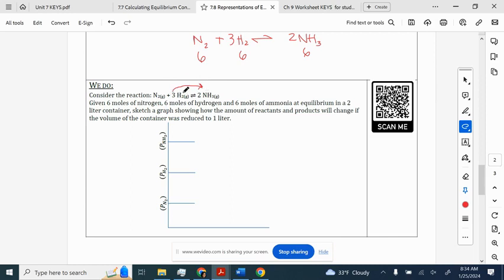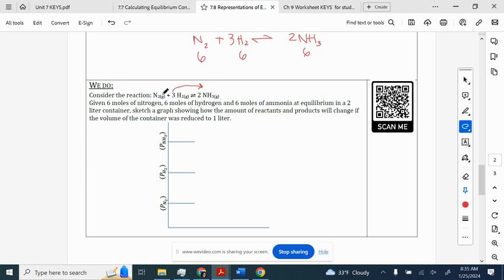Right. So when we make our container smaller, it will shift to form fewer molecules. So if I make it smaller, it's going to shift this direction. Now, if I made the container bigger, it's going to shift the other way because it's got more room now.